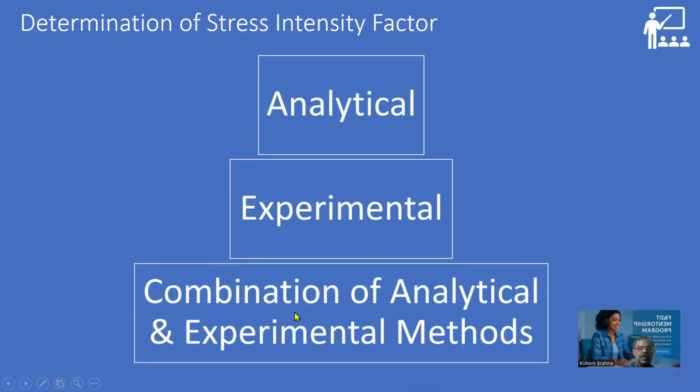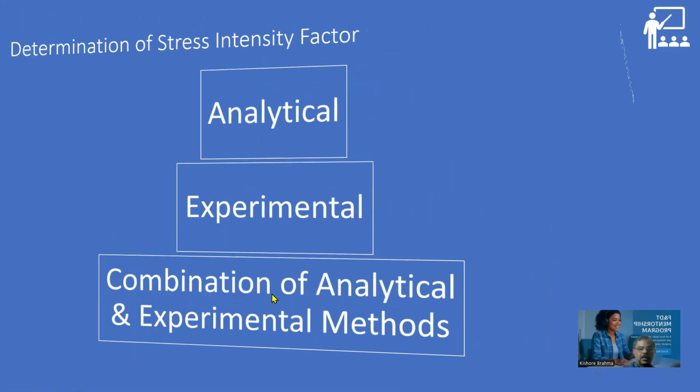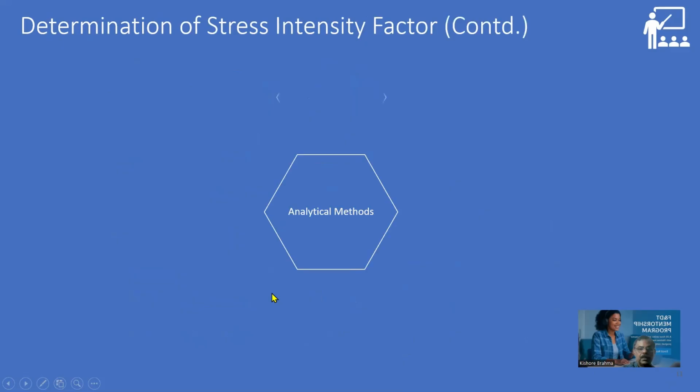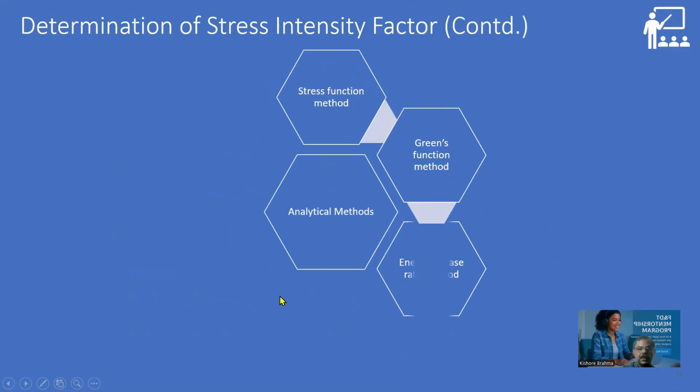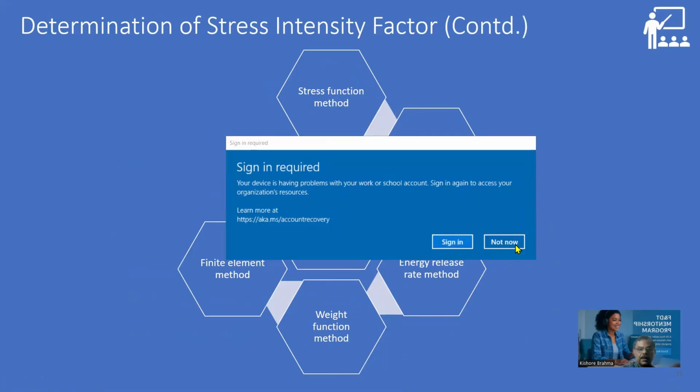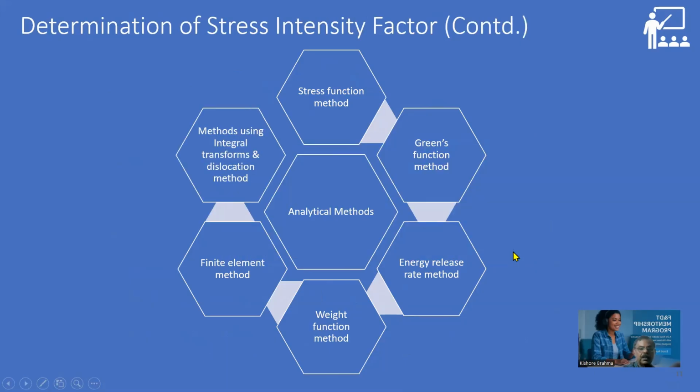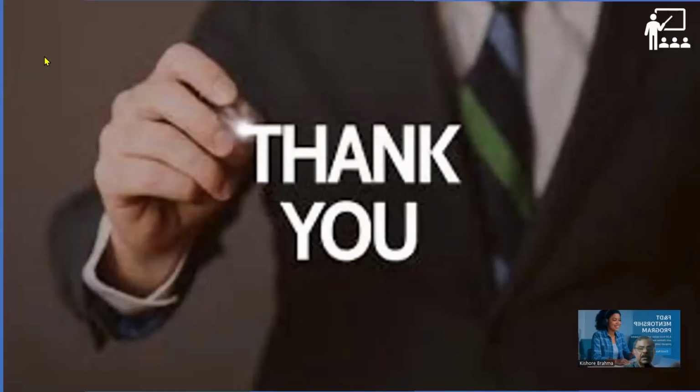The stress intensity factor can be determined based on analytical or experimental methods, or a combination of both. From the analytical point of view, you have the stress function method, the strain function method, the energy release method, the weight function method, the finite element method, and methods using integral transformation.